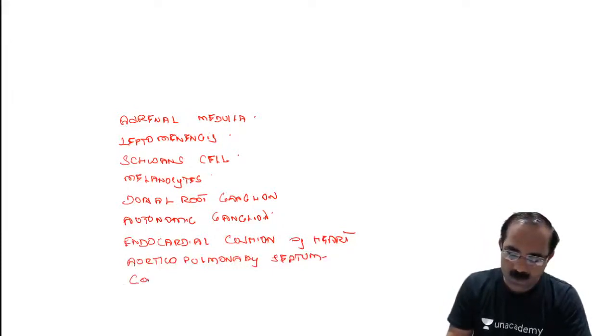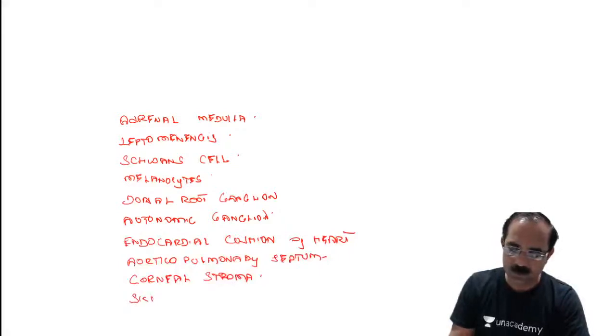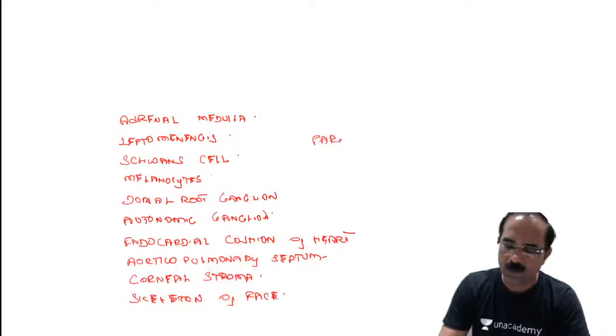Then corneal stroma, skeleton of the face, and parafollicular C cells of thyroid.